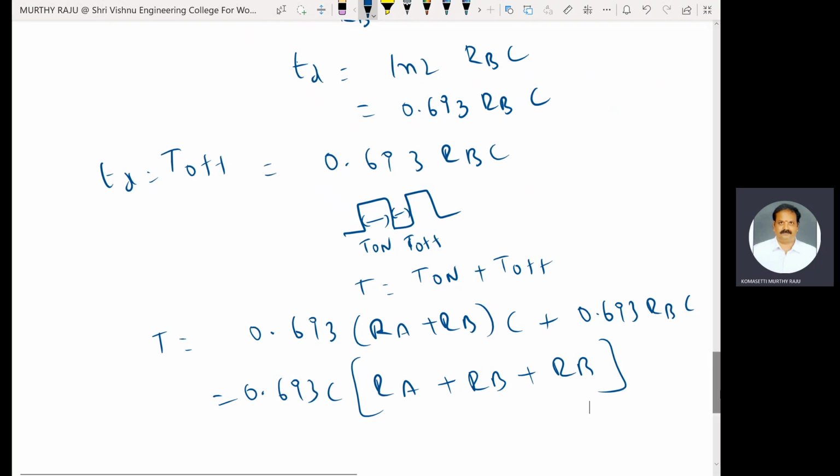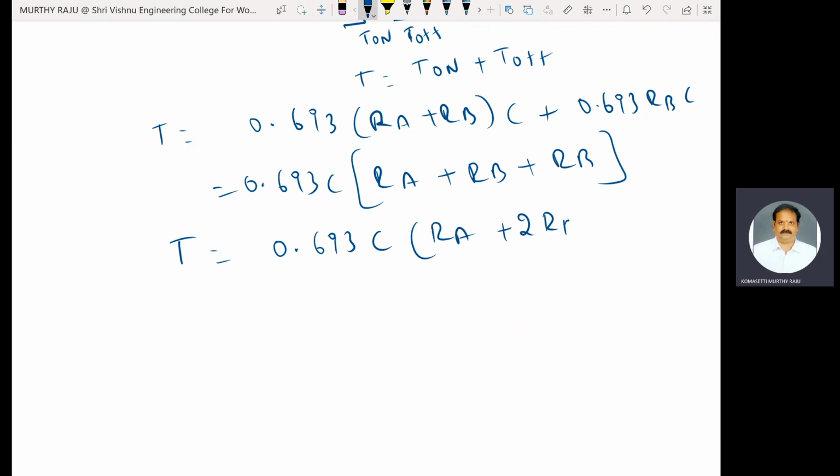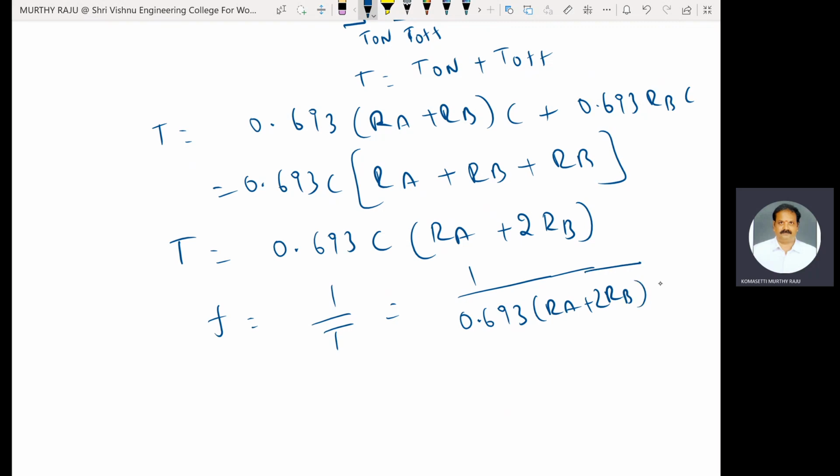Therefore, time period T is equal to 0.693 C RA plus 2 RB. Therefore, frequency of that waveform is F is equal to 1 by T, 1 by 0.693 RA plus 2 RB into C.